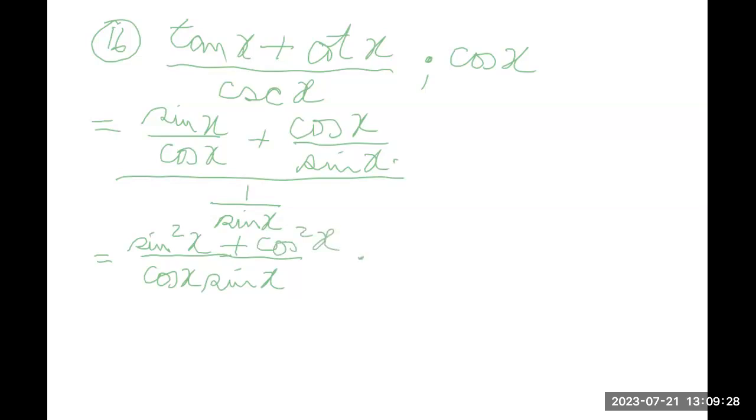And this needs to be multiplied with sine x. Two things here. The numerator is again 1, sine square x plus cosine square x. And this factor of sine x in the denominator can cancel the sine x up here. And that just leaves us with a cosine x. And that's what we wanted to do, express the given expression using only the cosine function.